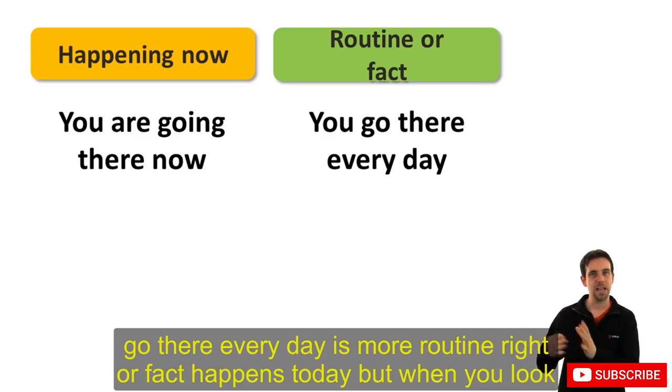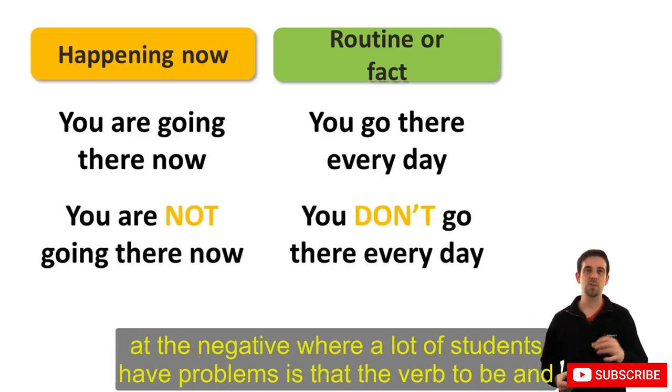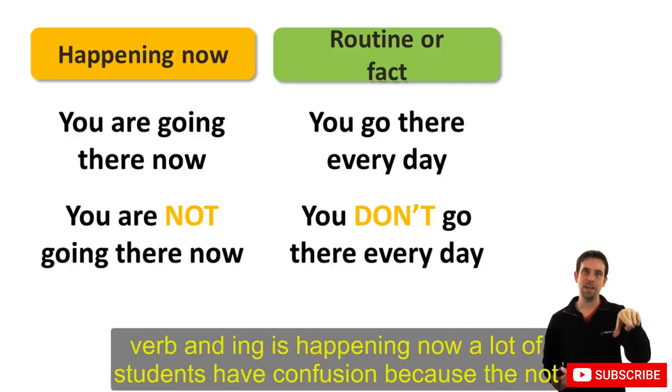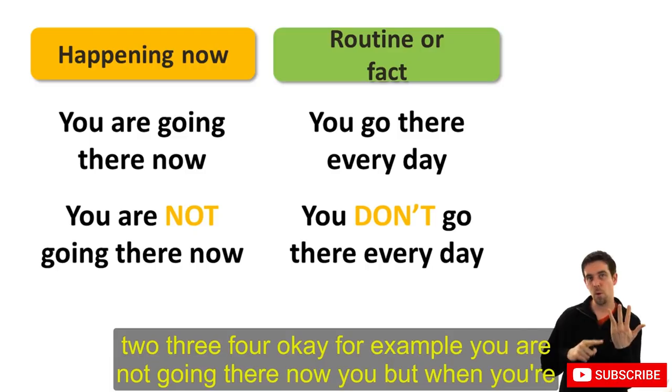Or a fact, it happens every day. But when you look at the negative, where a lot of students have problems is that the verb to be and verb and ing is happening now. A lot of students have confusion because the not, don't, doesn't, didn't is all usually one word in other languages. And we have 1, 2, 3, 4.